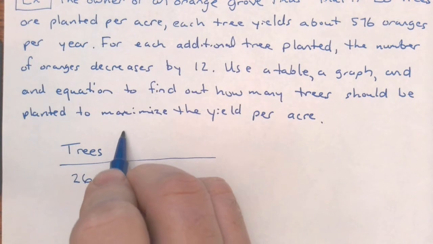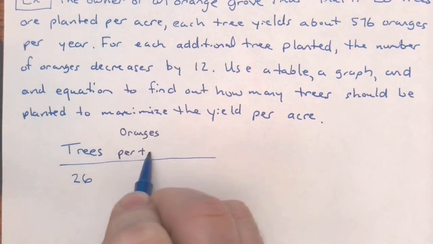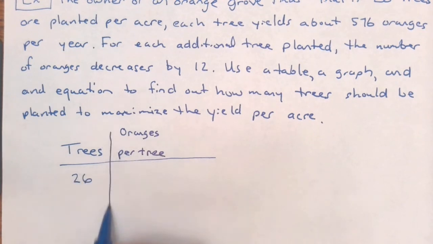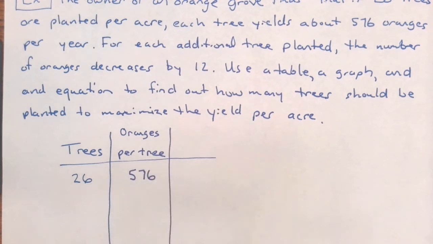So in this column, oranges per tree. So if there's 26 trees, we're getting 576 oranges. And that's for each tree.